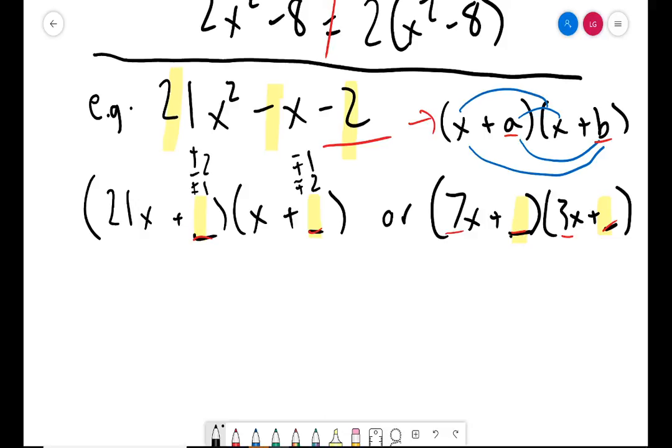So if we start to look at them, we need to be able to do some estimations or quick guesses in order to eliminate some pairs, for example. So like positive 2, negative 1, I'm looking at putting those in the respective slots. That's going to wind up with a negative 21x and a positive 2x. That's nowhere near negative 1x, right?